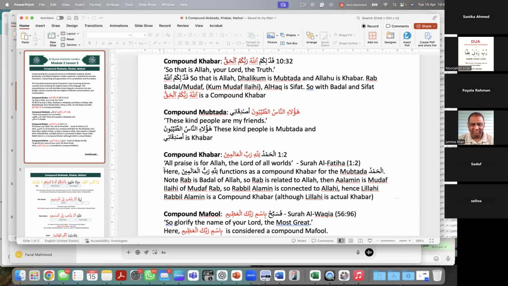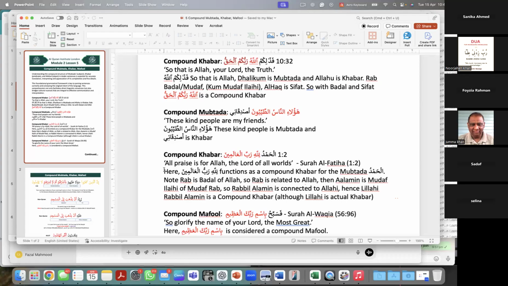You understand that? Normally a khabar mufrad, you can identify with the nakira tanween sign, correct? But when it is compound, more than one word, you will not see the i'rab or its haraka at all. And in this situation, you will be calling it a compound khabar.